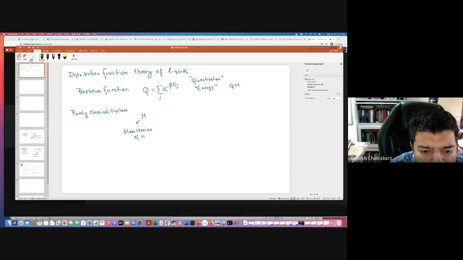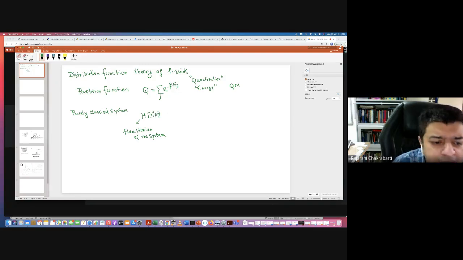This Hamiltonian depends on position and momentum, isn't it? So I can write r to the power of n, comma p to the power of n. Is this clear? My notation of r to the power n means 3n position coordinates.